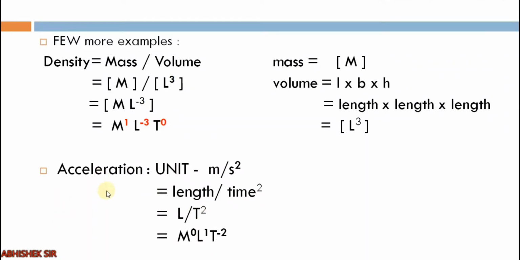So acceleration is L upon t square, that means it is m raised to 0, L raised to 1 and T raised to minus 2. As T square comes from the denominator, it becomes T raised to minus 2. Clear? So if you know only the original SI unit, you will get the dimensional formula very easily.